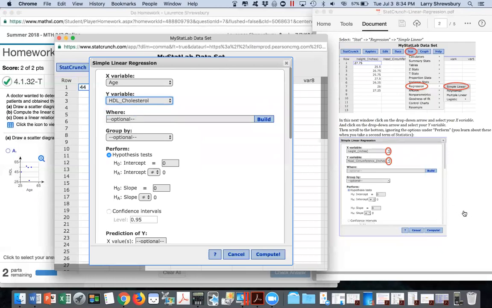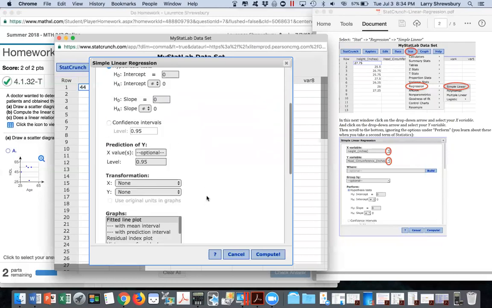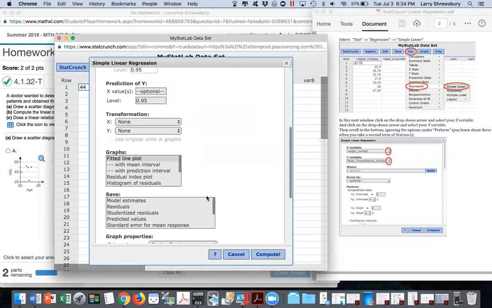I'll go over here. Now, this has a bunch of stuff in here that you will not be doing. However, if you take my online Math 244, which is offered in the spring, you will be using all this other stuff, but that's reserved for the second term of statistics.